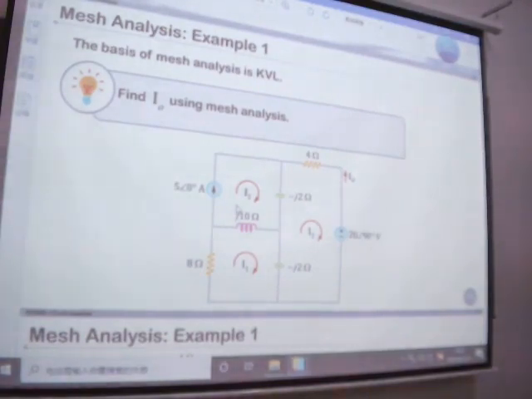Because this side is I3, so how to write out this one?